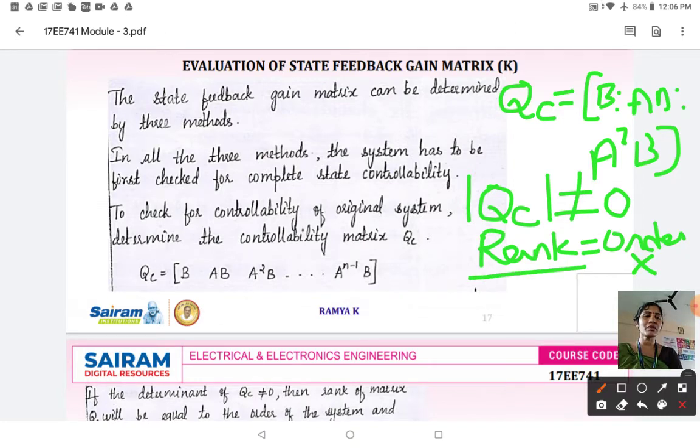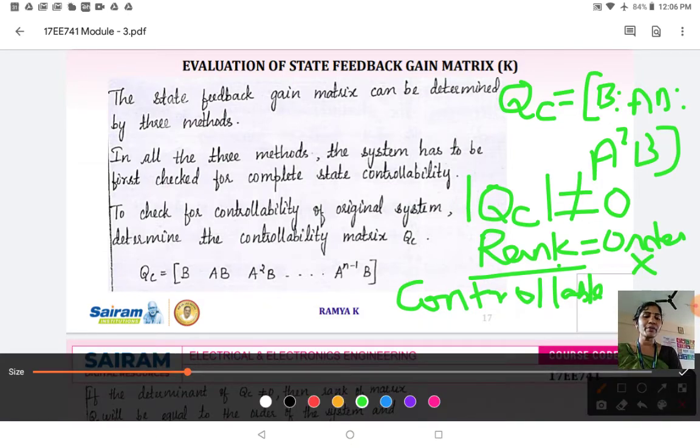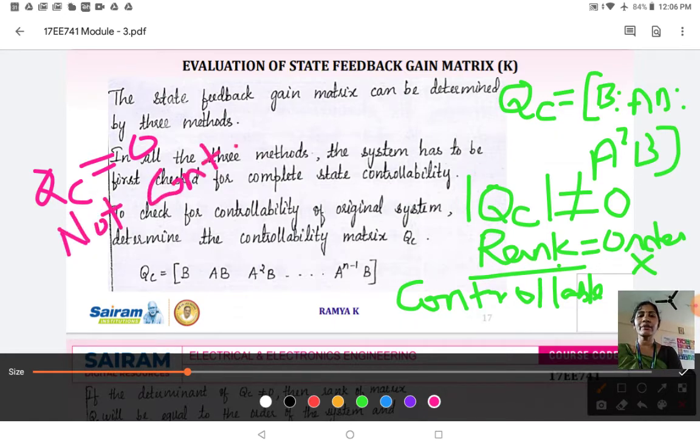If I have 3 state variables, the rank will be 3, and we can say the system is controllable. In case my composite matrix QC is equal to 0, then the system is not controllable. In this way you can identify whether the system is controllable by using Kalman's test.